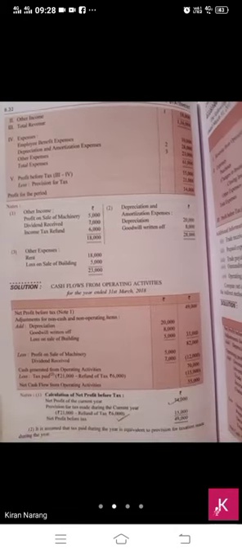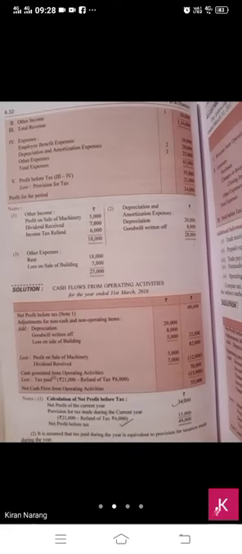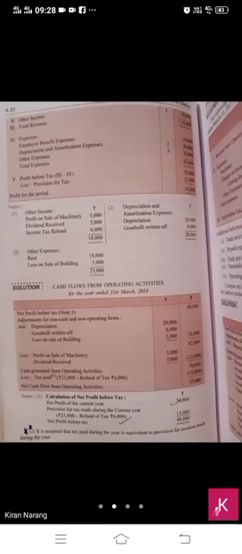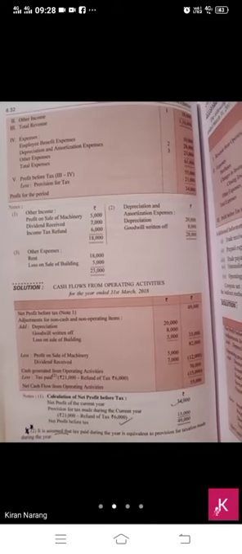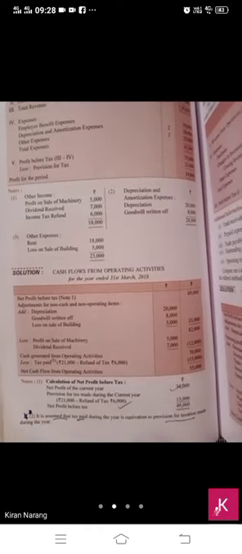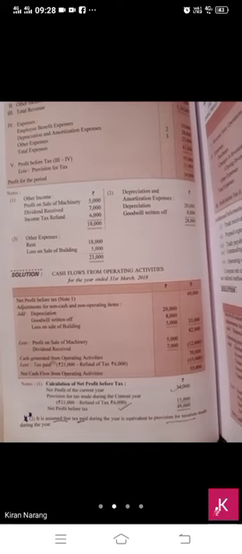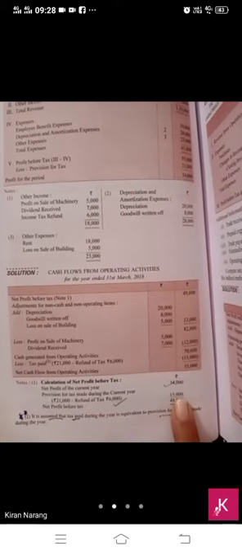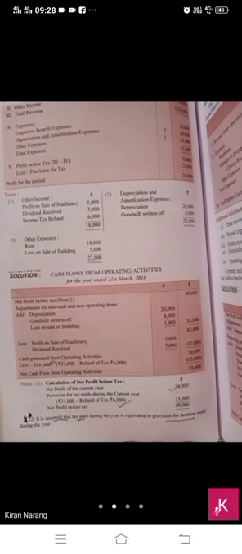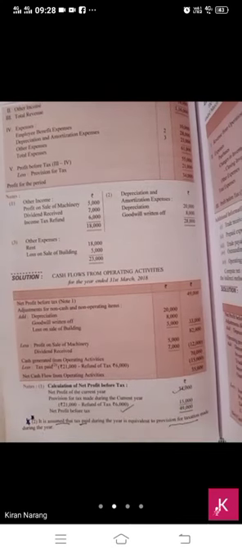Now it is being assumed, put a star here, that whatever was the provision for tax, we have paid the same tax. Whatever was the provision, bache, we have paid the same tax. So whatever 15,000 we have added, we will subtract 15,000 from the end as tax paid.